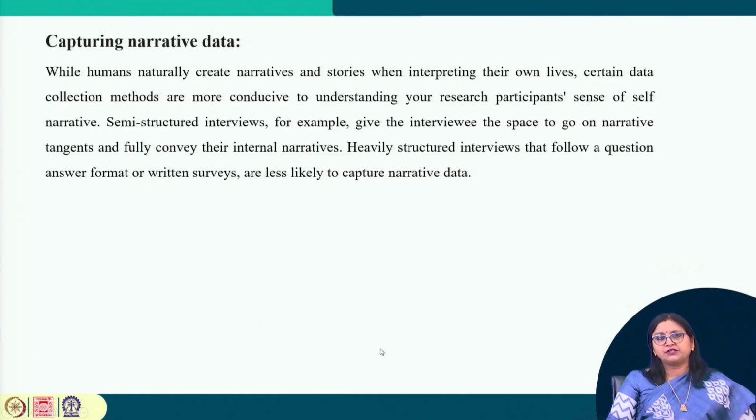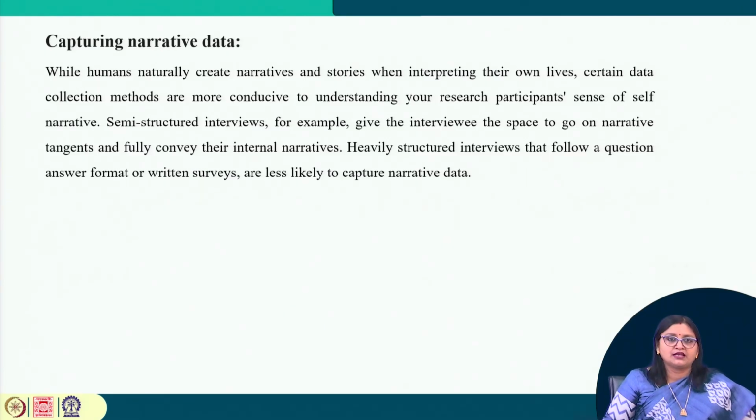Capturing narrative data is also a skill of the researcher. While humans naturally create narratives, everyone is ready with their own stories when interpreting their own lives, and certain data collection methods are more conducive to understanding your research participants' sense of self.